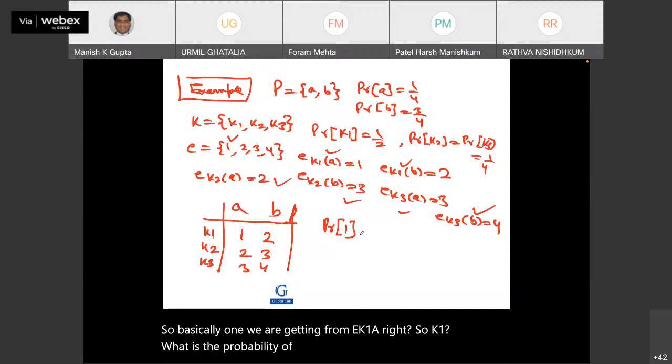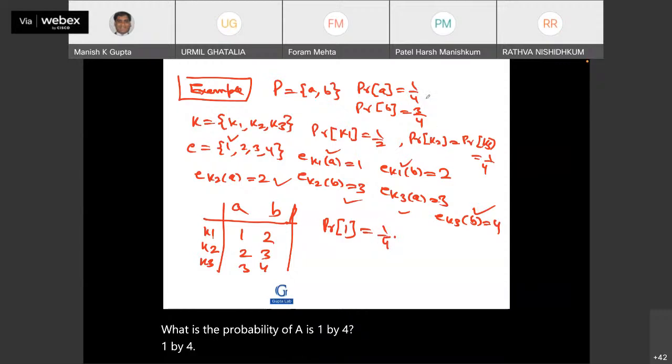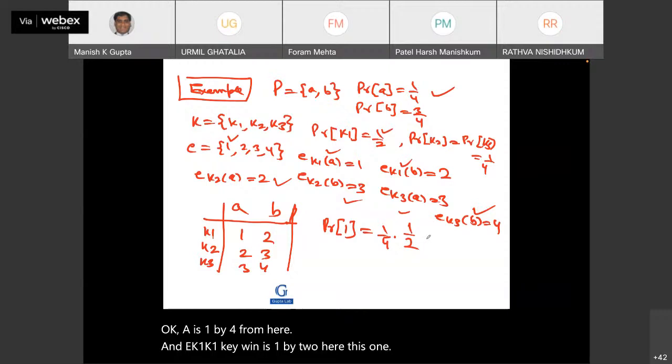A is 1/4, and the key K1 is 1/2 here. So this is 1/8.